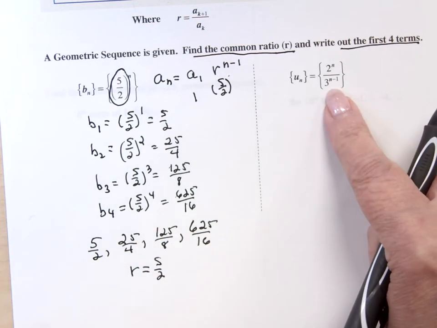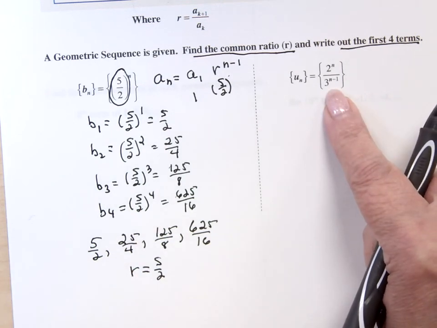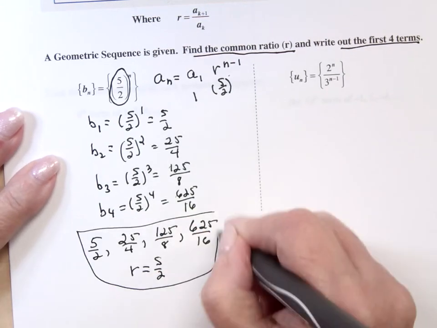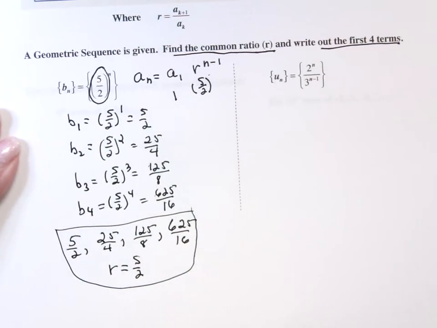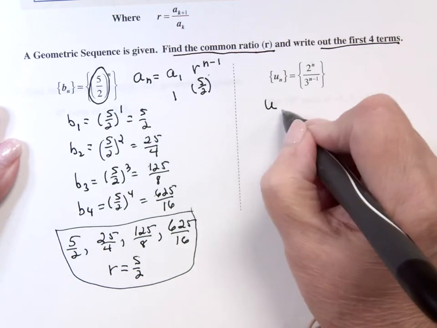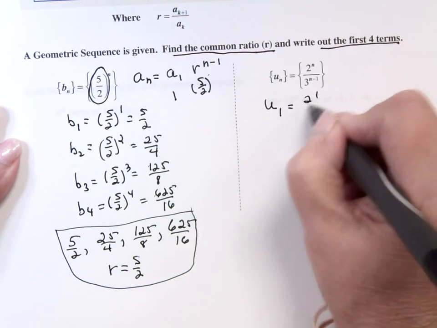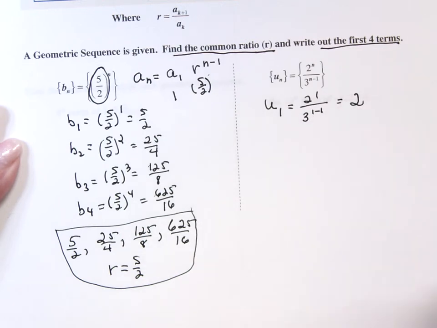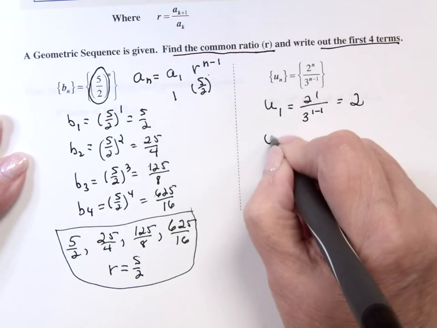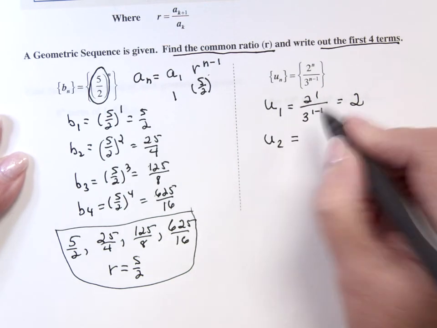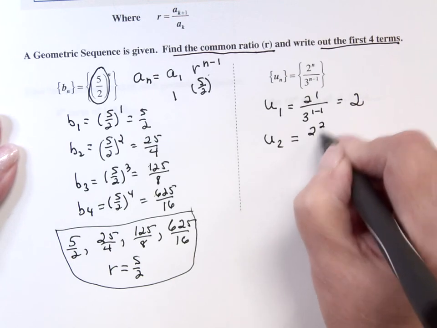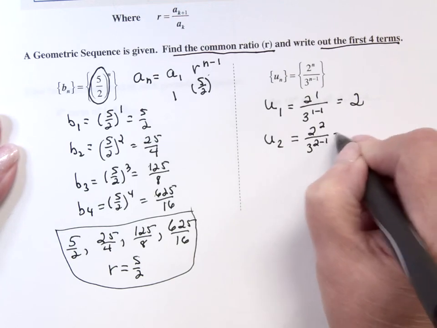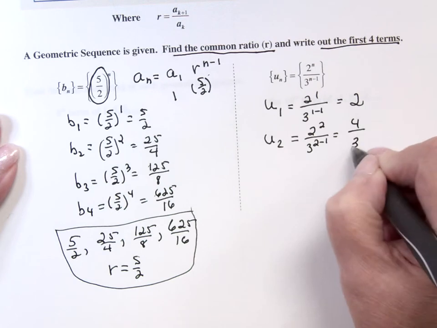Now this one's a lot harder because we have two different exponents. First four terms and R. So U sub 1 is 2 to the 1 over 3 to the 1 minus 1. Well, this is just 2. U sub 2 is 2 to the 2 over 3 to the 2 minus 1. That's 4 over 3.